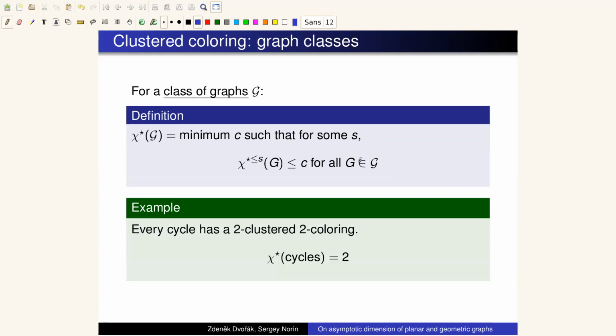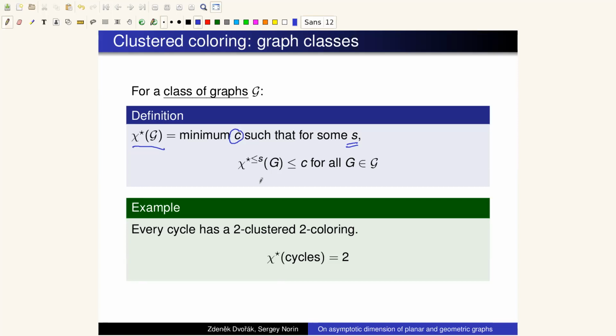And so we define the clustered chromatic number of a class of graphs to be the minimum number of colors c such that you can fix some size s of the clusters so that every graph from this class has a coloring with clustering at most s using at most c colors.